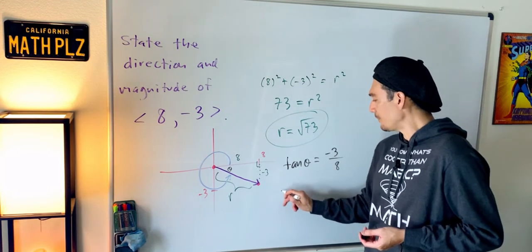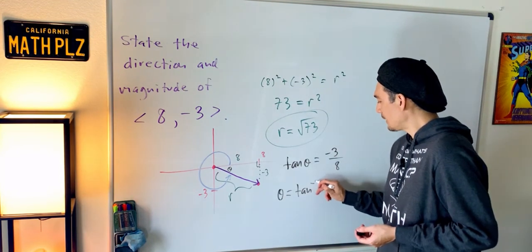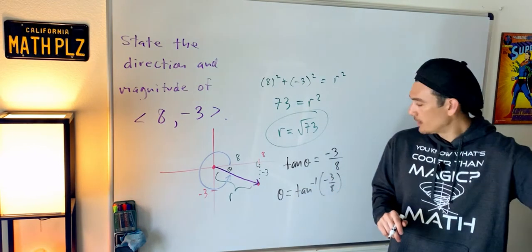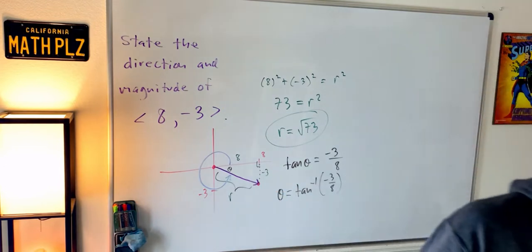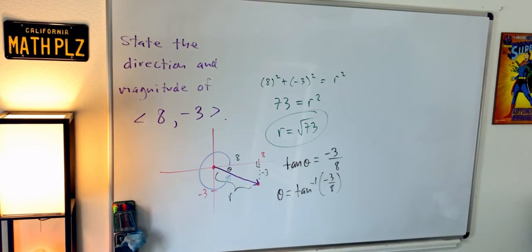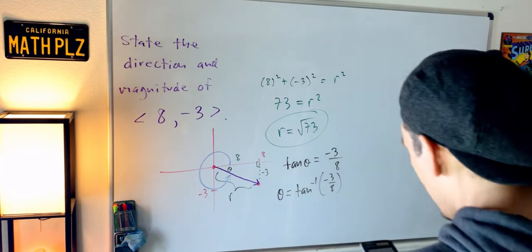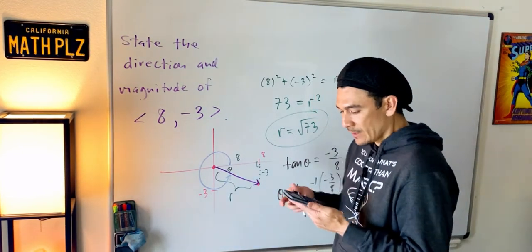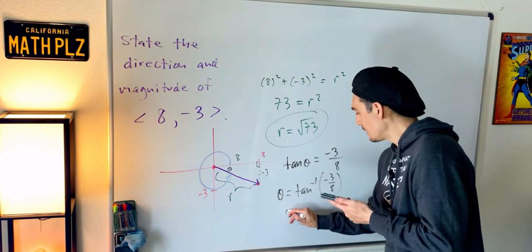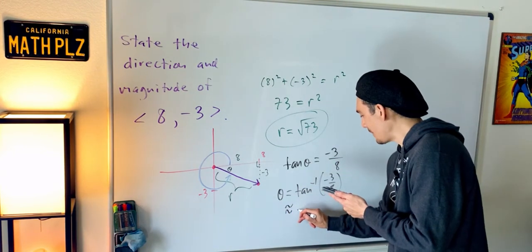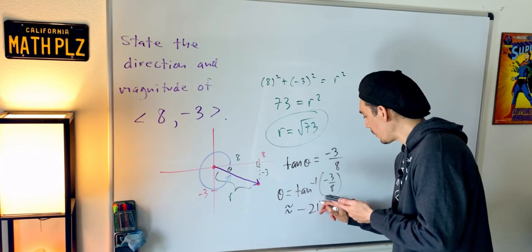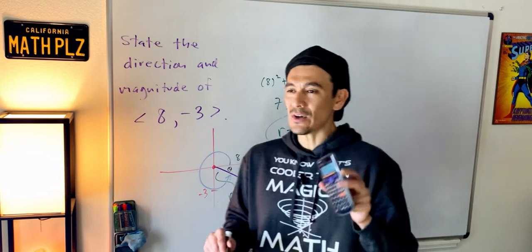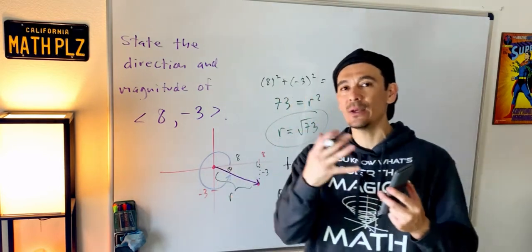And I want theta, so what we can do is take the tangent inverse of both sides. I do have my Casio here next to me, so why don't you guys type this in? And let's see what we get in degrees. Tangent inverse of negative 3/8. My calculator says, check this out, about negative, let's call it 21 degrees. Now, calculators are kind of blind. They don't really see what you and I see.